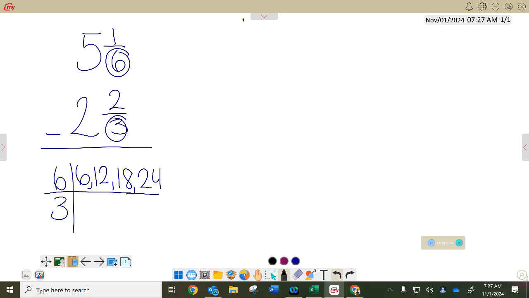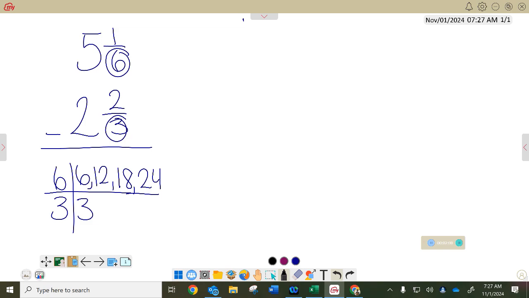All right, now we're going to list the multiples of 3, non-zero multiples, and we want to keep going until we find a match that both 6 and 3 share as a multiple. If we don't find one, then we can always extend our multiple list out. Okay, so the first multiple is going to be 3 times 1, which is 3.